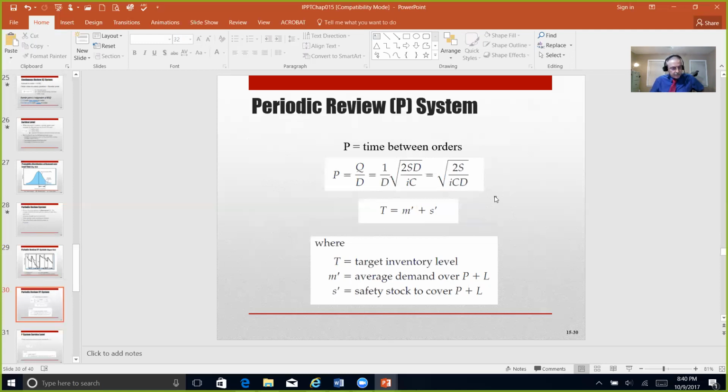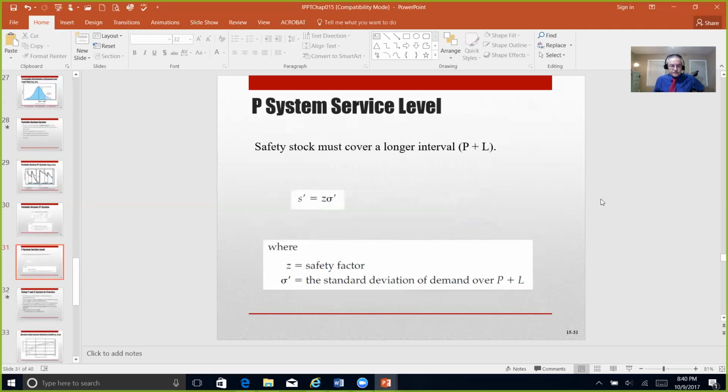And at the top of page 388, they also give us the safety stock, where we have again the Z factor, this time S prime equals Z times the standard deviation prime, with the standard deviation of the demand over P plus L again, which is the periodic review interval plus the lead time.